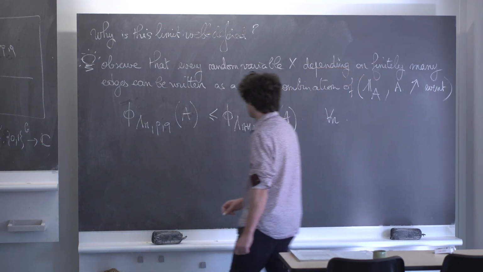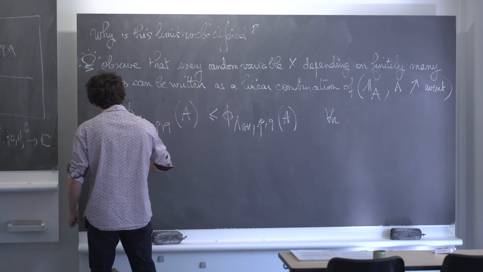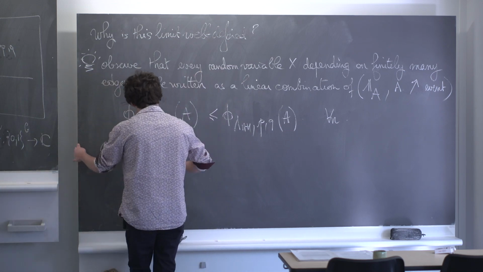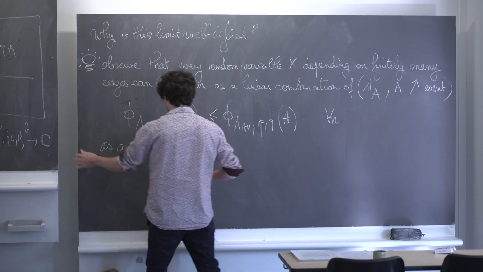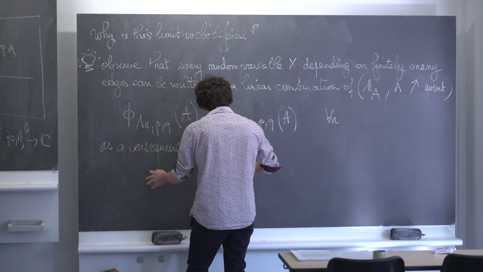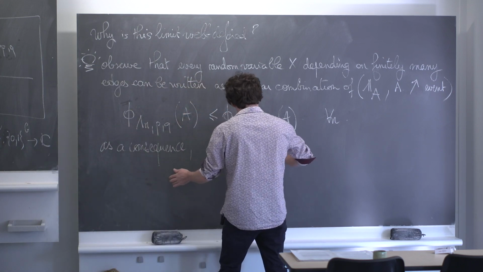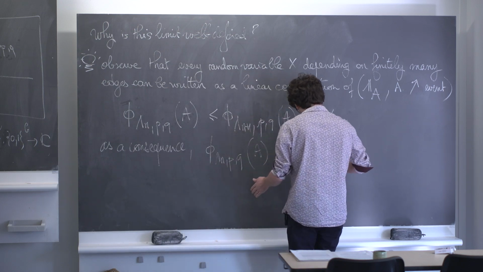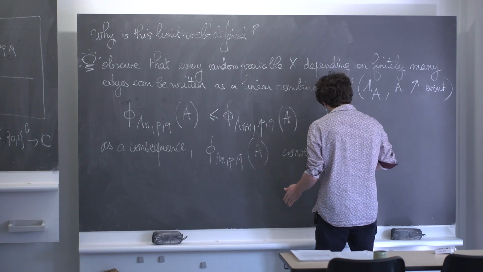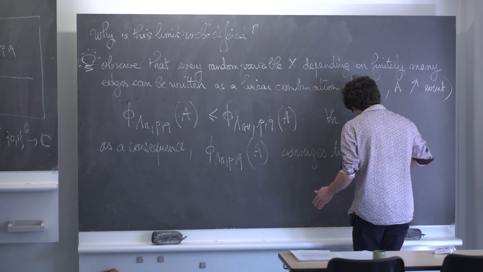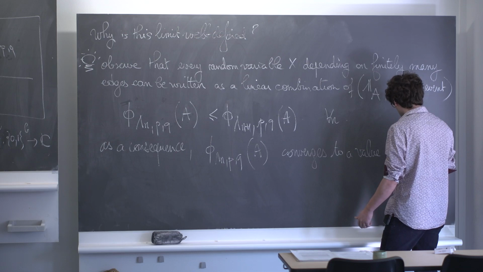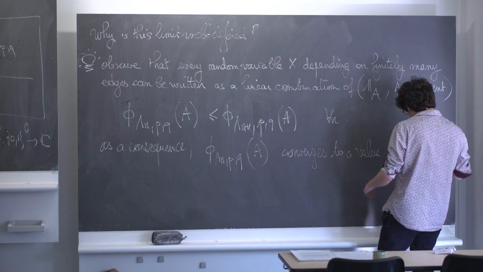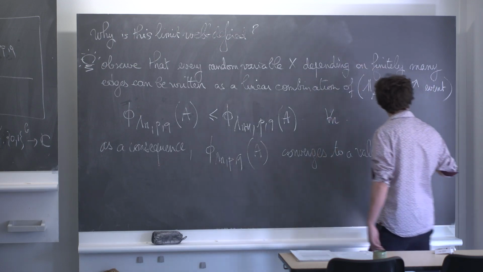Therefore, it converges to a value which for now I'm going to call phi of A. It's just a number between 0 and 1.